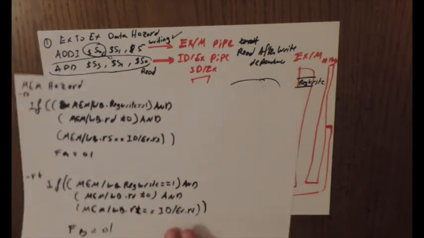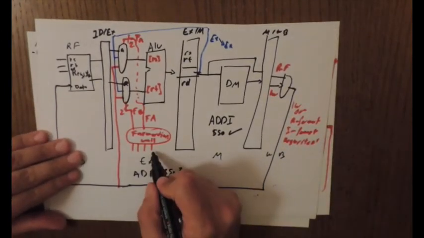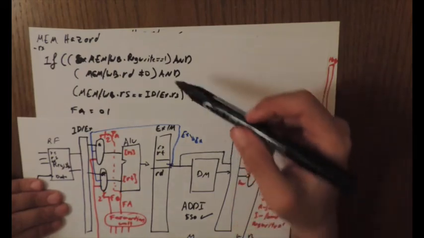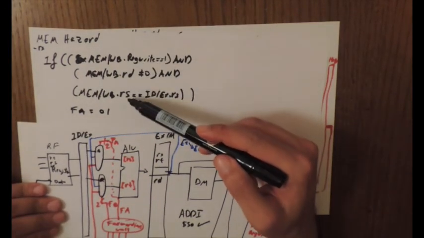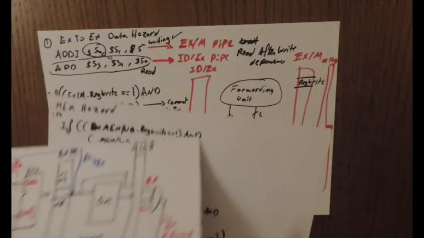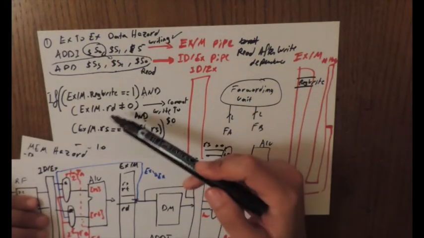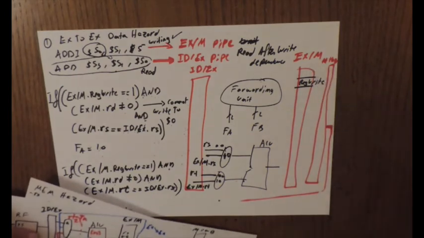So if I take a look at this figure, remember here we have some inputs. The inputs will be register write from the memory, RD from the memory, RS from the memory, from this pipeline, and we have also register write from the ID, RD, RS, and of course RT from the execute memory stage.